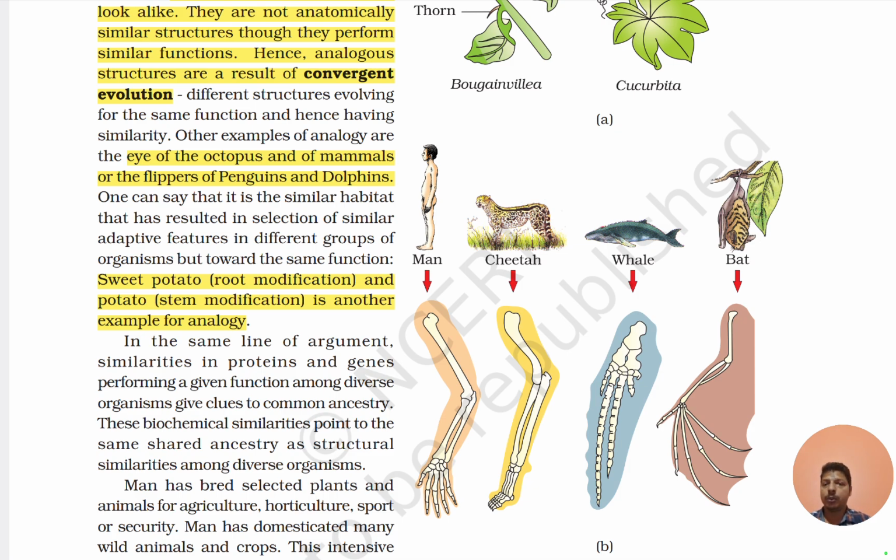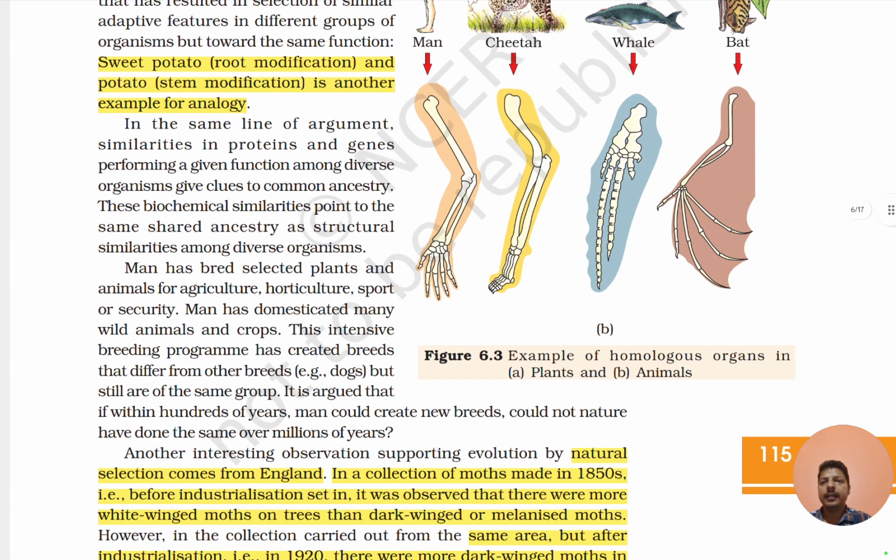Sweet potato root modification and potato stem modification is another example of analogy. Then, similarities in proteins and genes performing a given function among diverse organisms give a clue to common ancestry. These biochemical similarities point to the same shared ancestry and structural similarities among diverse organisms.